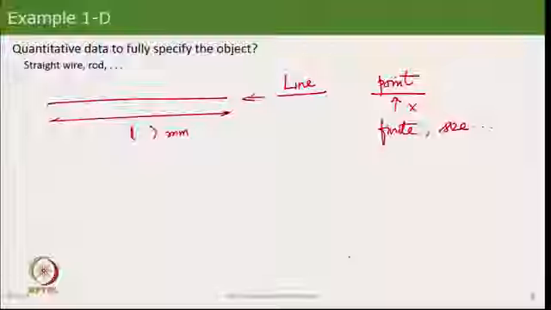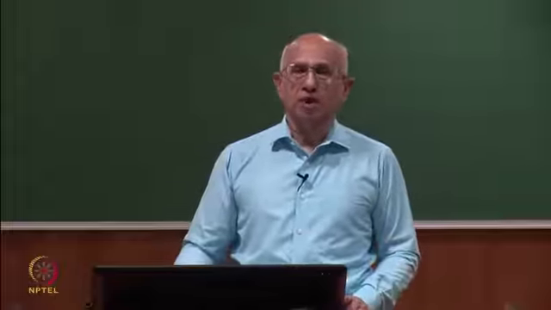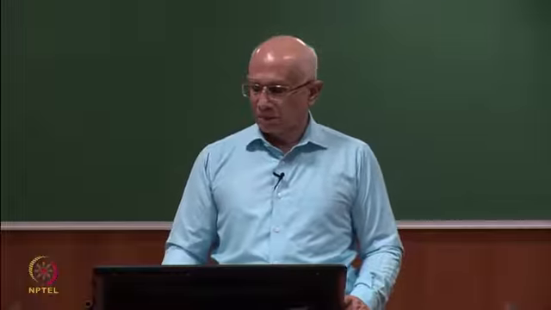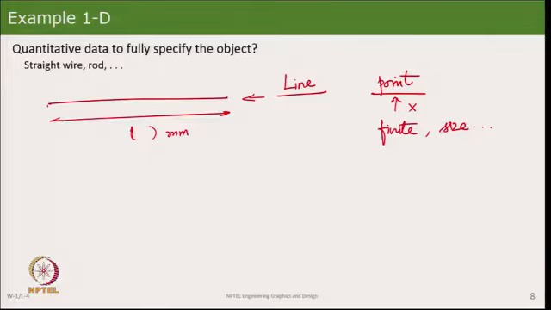You could have an optic fiber which is, say, 20 microns in diameter, 10 microns in diameter. It looks like a very thin wire, thinner than the human hair, but it has got finite size. That is one example of a point.